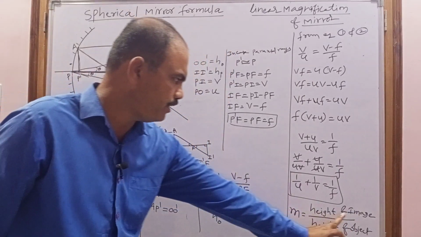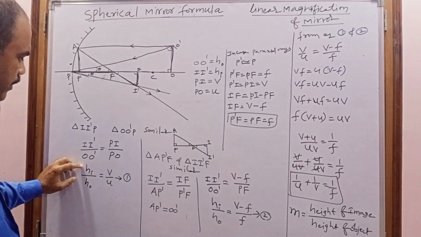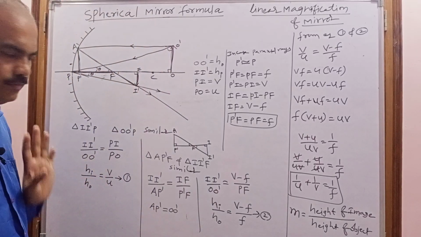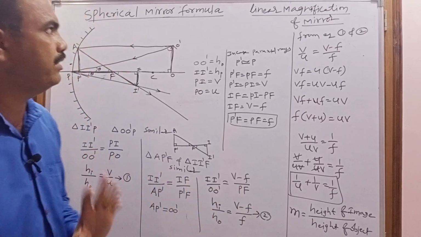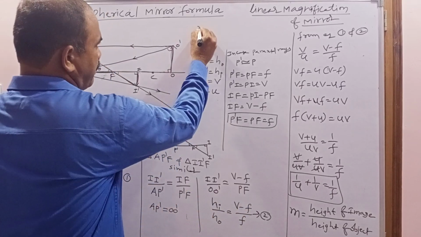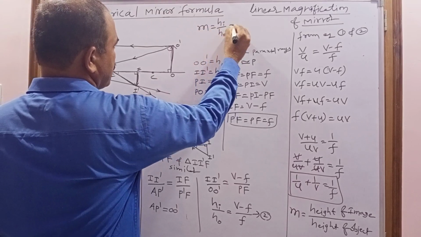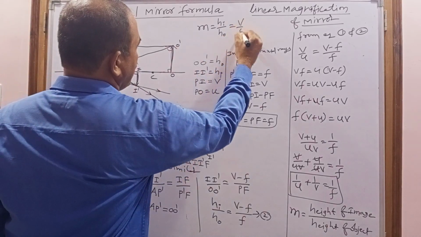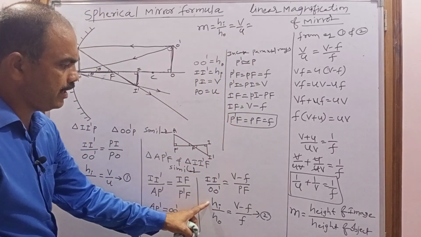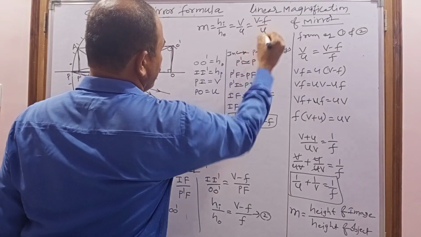So what is the ratio between the height of the image and the height of the object? There are two formulas. Height of image to height of object is v by u. Height of image to height of object is also v minus f by f. So the formula for linear magnification: m equal to height of the image by height of the object, equal to v by u, and the second formula, v minus f by f.